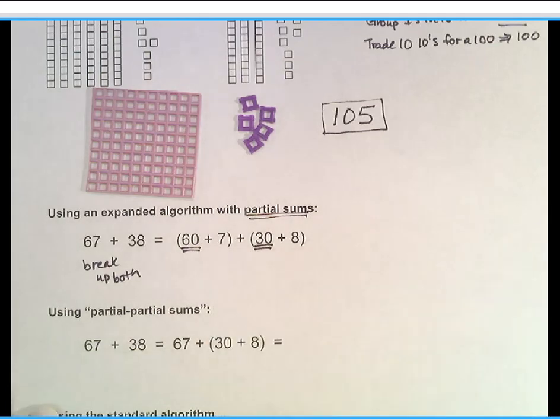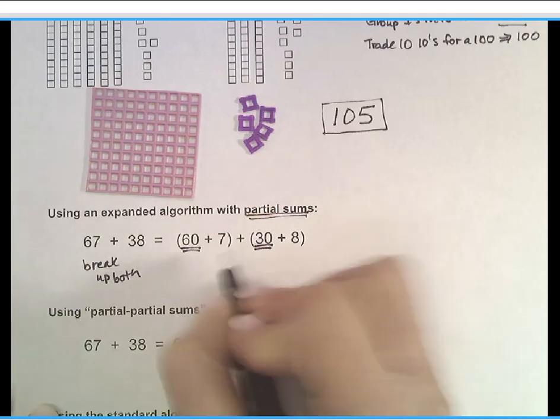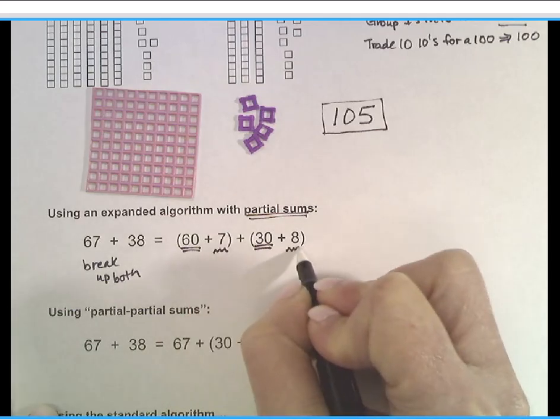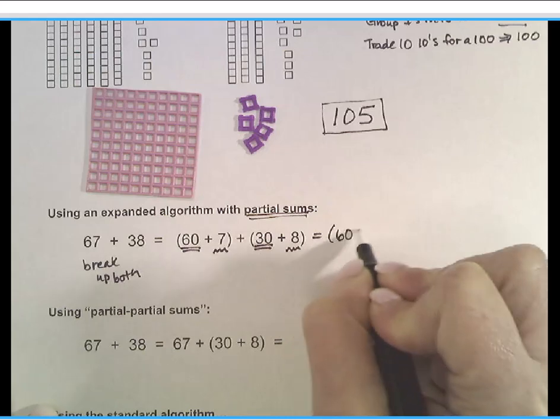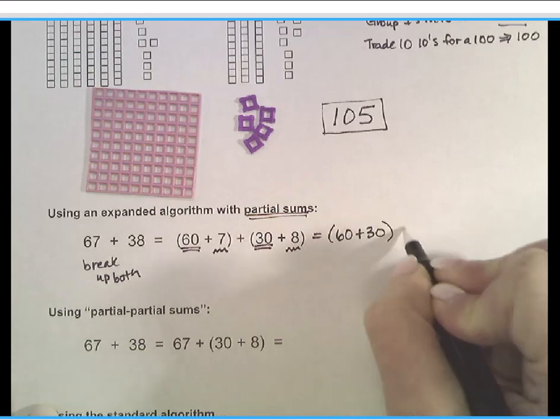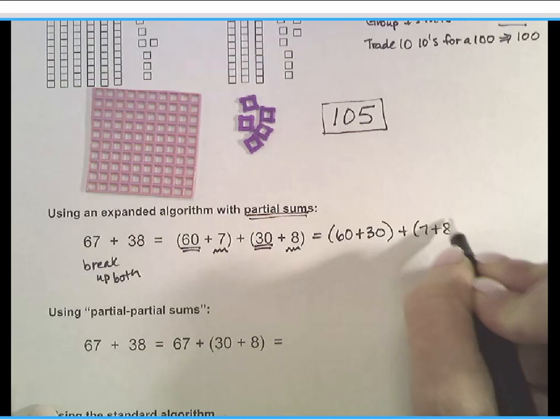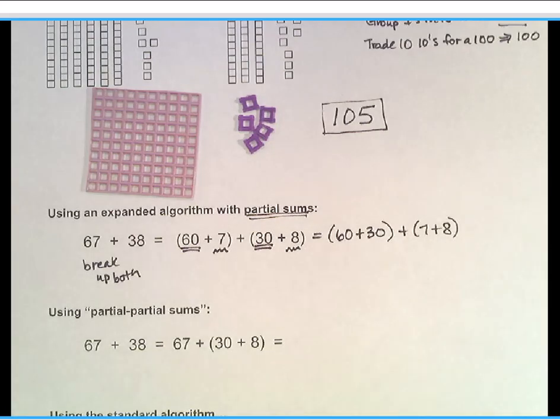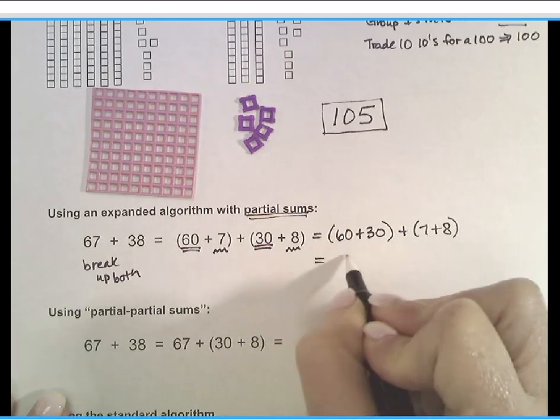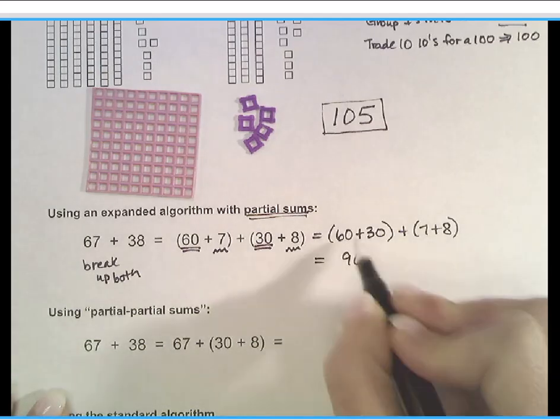I'm going to lump the 60 and the 30 together, and then the 7 and the 8, and write it like this: 60 plus 30 plus 7 plus 8. I just rewrote the order of some of the numbers and changed the parentheses, so I used the commutative and the associative properties. That makes the 10s easier to add together.